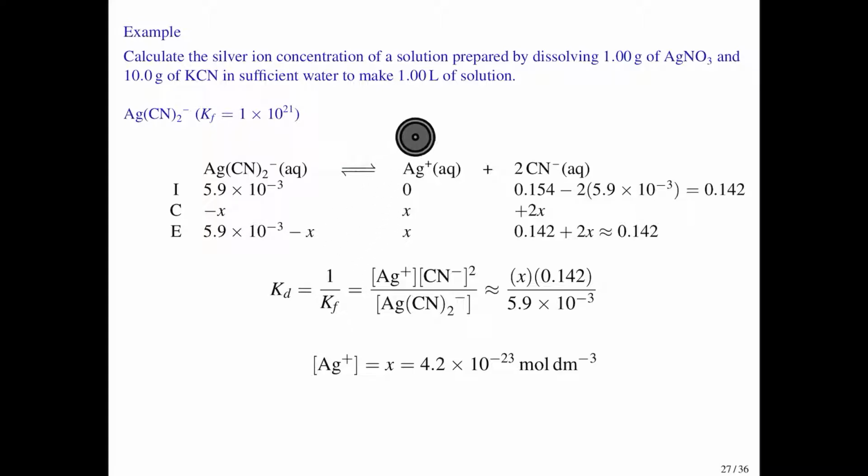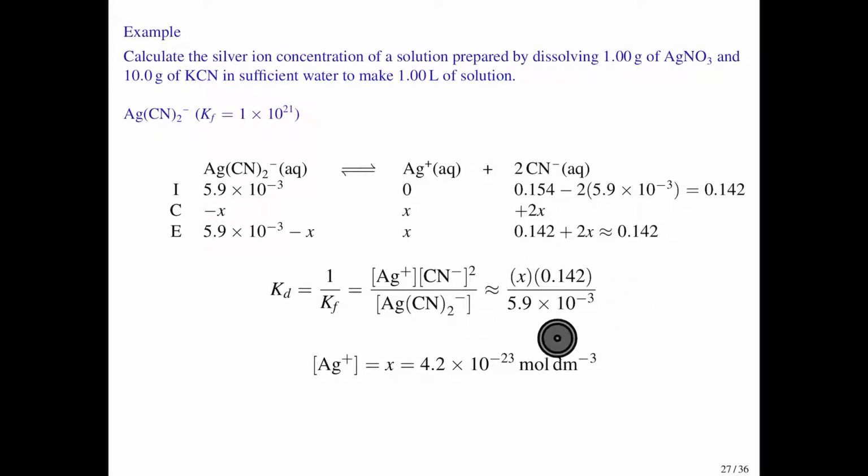You've got the ion concentrations in the numerator and the complex ion concentration in the denominator, and then you substitute in the equilibrium concentrations, so x times 0.142 divided by, and we're going to make our approximation here as well. That is, x is going to be so small we can neglect the minus x relative to 5.9 times 10 to the minus 3, so we just have that in the denominator.